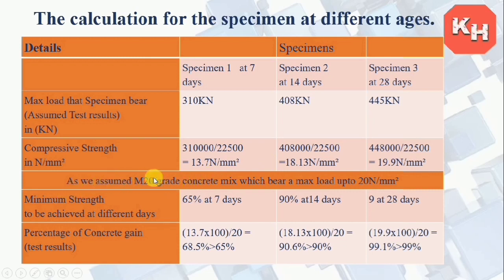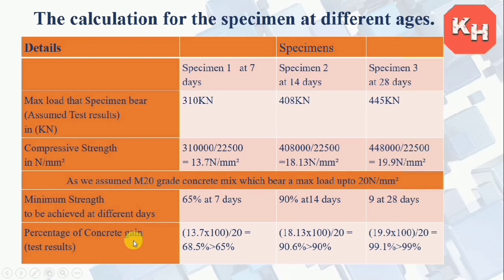As we have assumed M20 grade concrete mix which bears a maximum load of 20 newton per millimeter square. Please note that M20 grade concrete is assumed. The minimum strength is 65% at 7 days, 90% at 14 days, and 99% at 28 days.